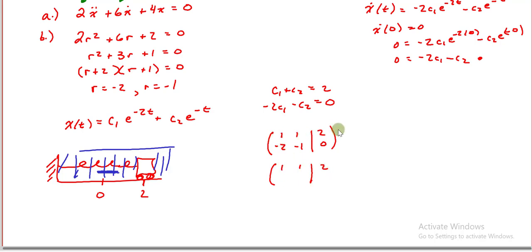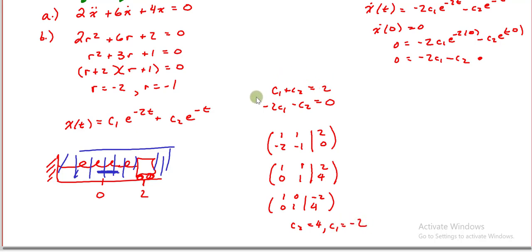If I multiply this row by positive 2 and add down, that's in REF form. It's not looking too hard to finish it out, so let's put it fully into reduced form, getting a 0 above this pivot. If I multiply this row by negative 1 and add up, we get 1, 0, minus 2. And so that tells us that c2 is equal to 4 and c1 is equal to minus 2.